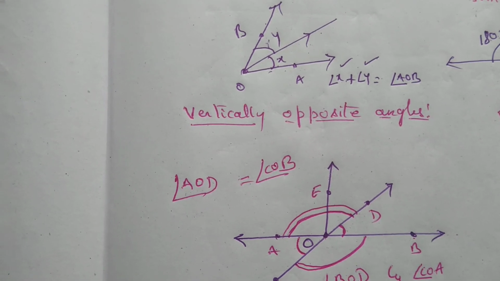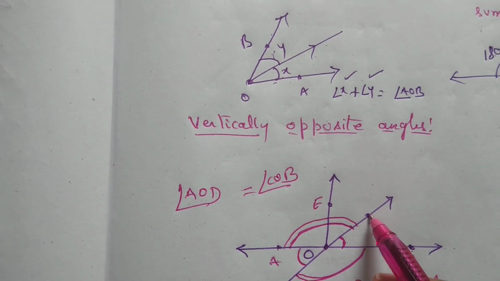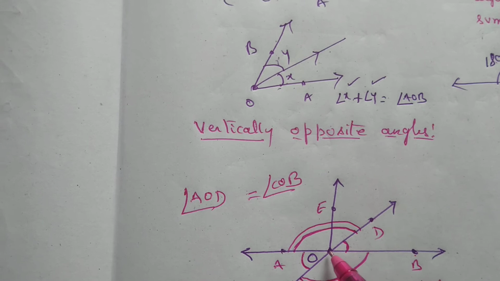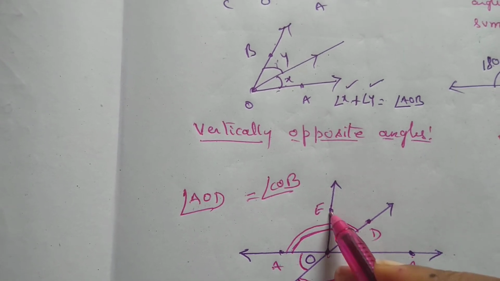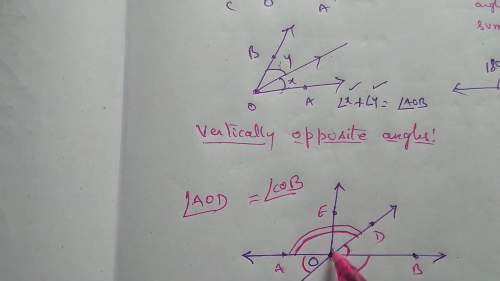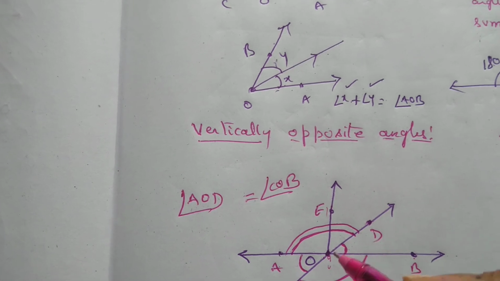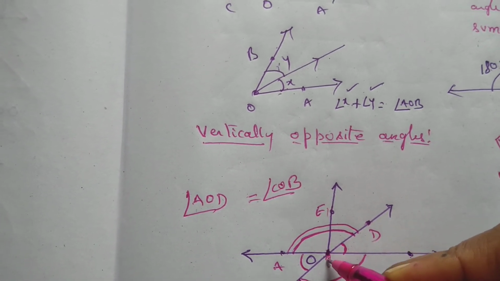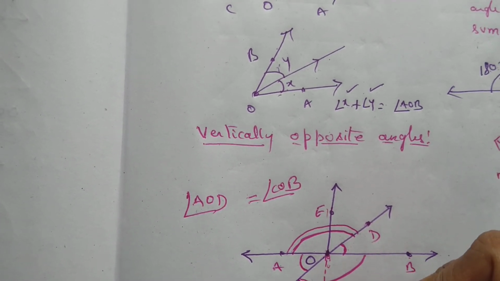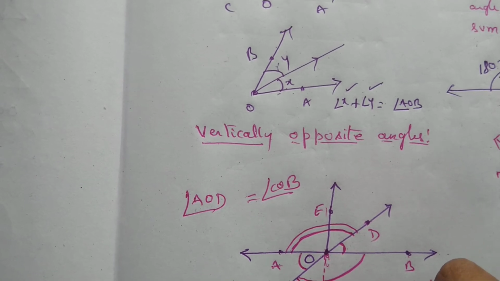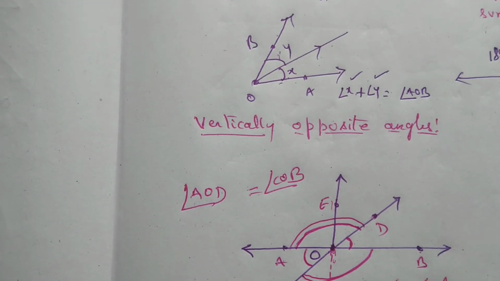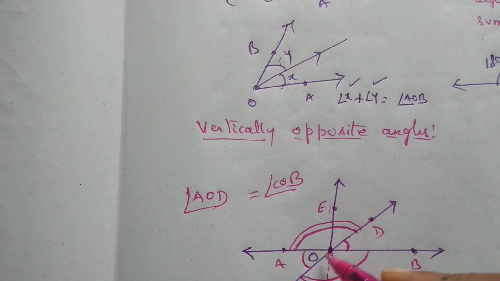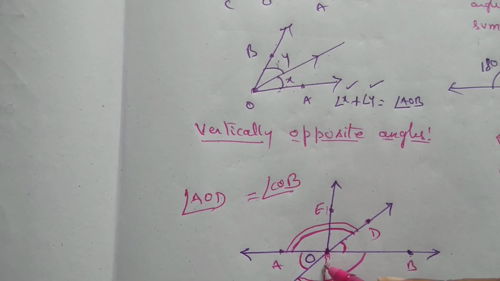Now you may ask, suppose I want a vertically opposite angle to DOE. What am I supposed to do? Simple. Extend this ray exactly in the opposite direction. Now this is vertically opposite to this. Can you observe?